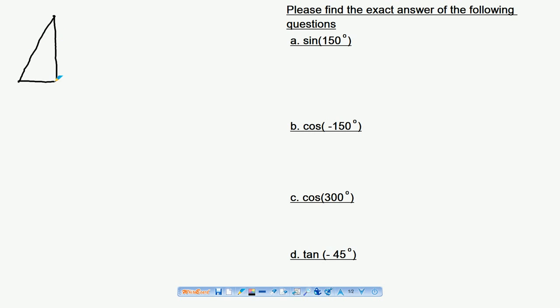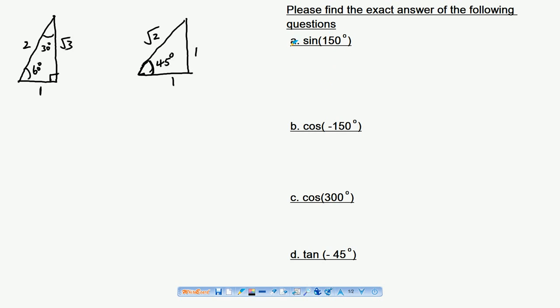One, two, square root of 3, 60 degrees, and 30 degrees. And the other special triangle should look something like this: 1, 1, square root of 2, and 45 degrees. Sorry, 45 degrees there.